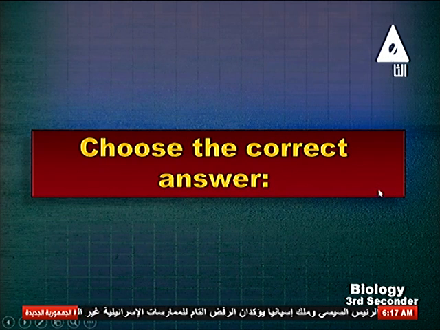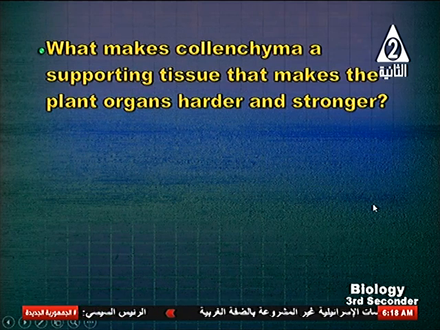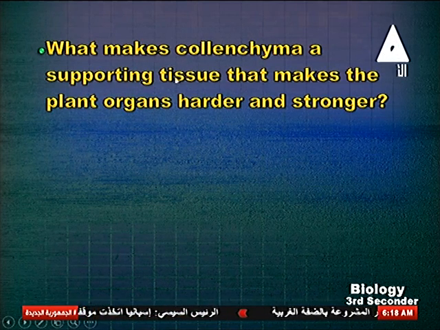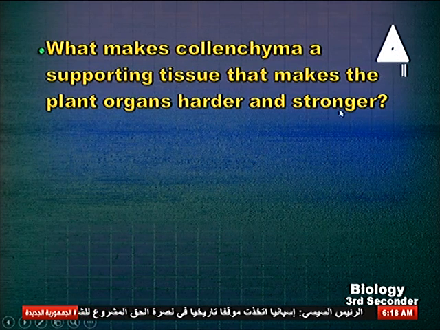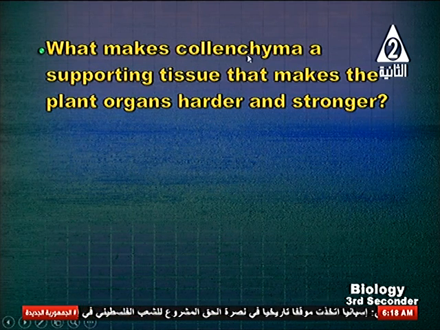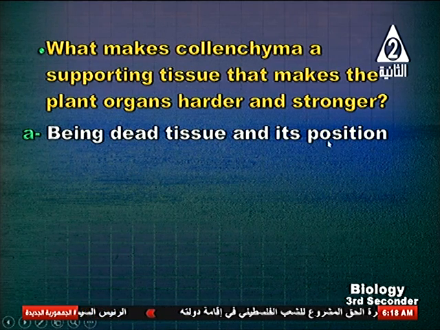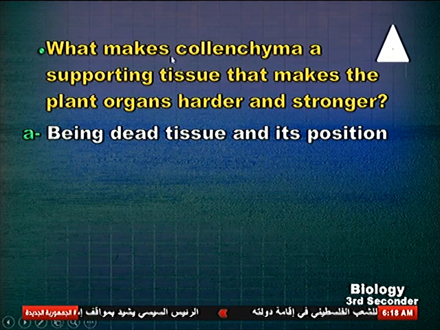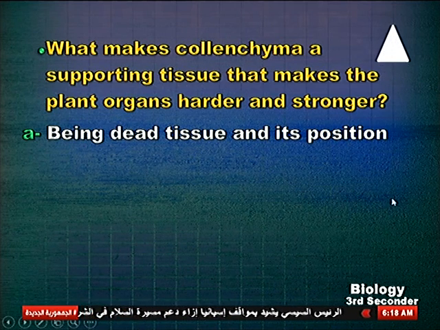Now let's answer some questions about what we have studied. Number 1, what makes collenchyma a supporting tissue that makes the plant organs harder and stronger? A, being dead tissue and its position, but collenchyma is not dead tissue, so it is wrong.